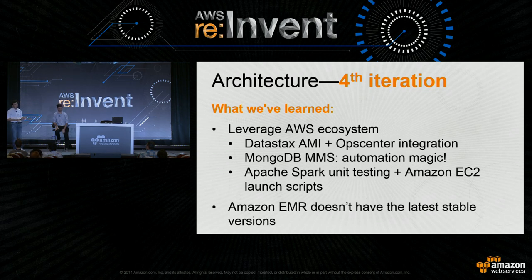As I told you before, EMR sometimes doesn't have the latest stable versions because it takes a lot of testing to get that to production. But you can really leverage what people are doing and integrating with AWS and the whole partner network.